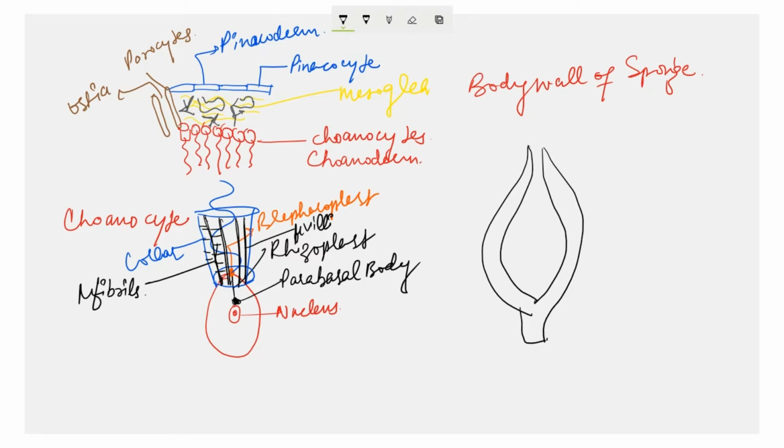So this is a sponge body basically. Here you have porocytes. Just assume here we have porocytes. These are the ostia. So the water will enter through ostia into the spongocoel.